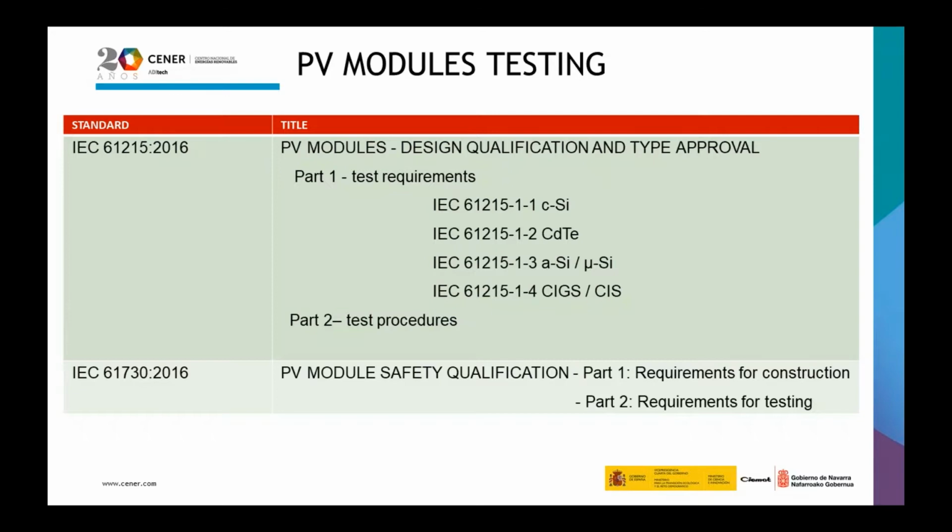And then we have the part 2 of the standard, that describes the test procedures and are valid for all device technologies. The 61730 has also two parts. The first one is related to the requirements for construction, and the part 2 is related to the requirements for testing, and the safety standard is valid for all kinds of technologies.